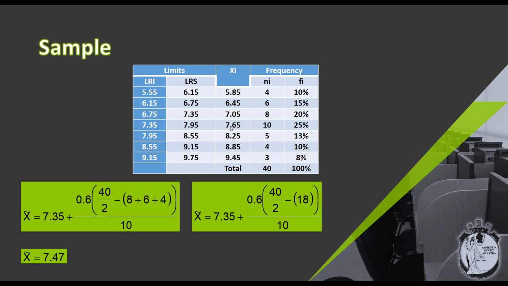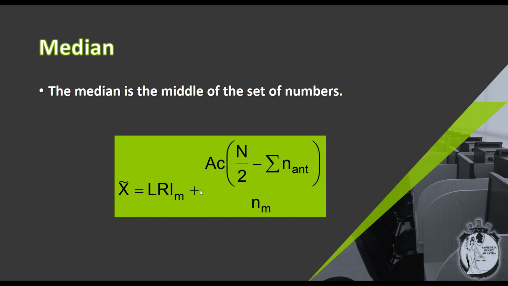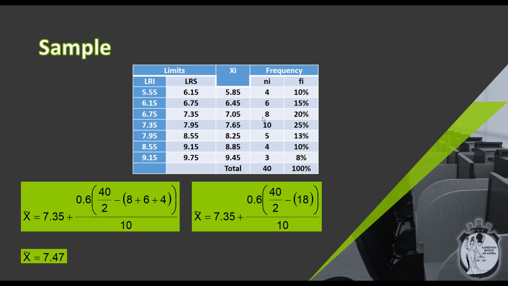For example, here you choose that row, so you add all the frequencies before that row: 4 plus 6 plus 8. Now you divide all of that by the frequency of that row, in this case 10. When you do all the operations, you will get the median.